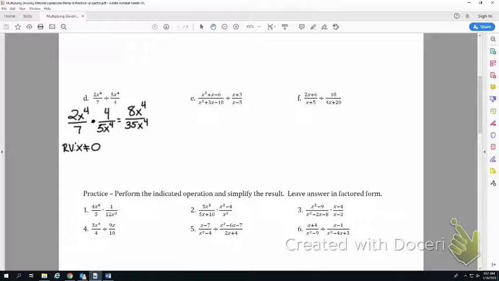Can I simplify or reduce that fraction? No. I can't divide 35 by 8, by 4, or by 2. But I can get rid of the x to the fourths. So my answer is just 8 over 35.